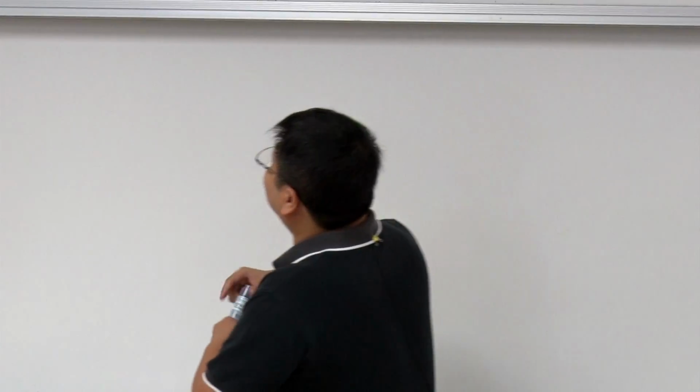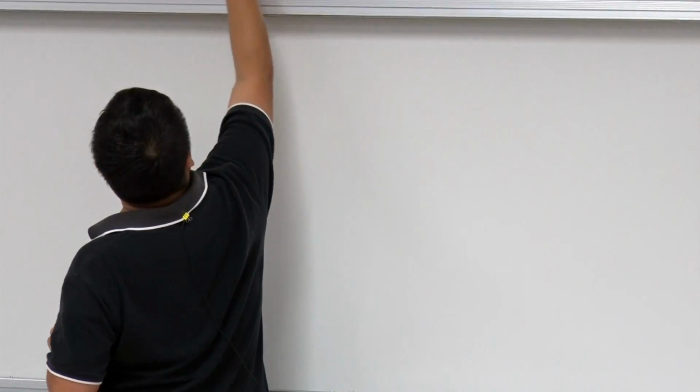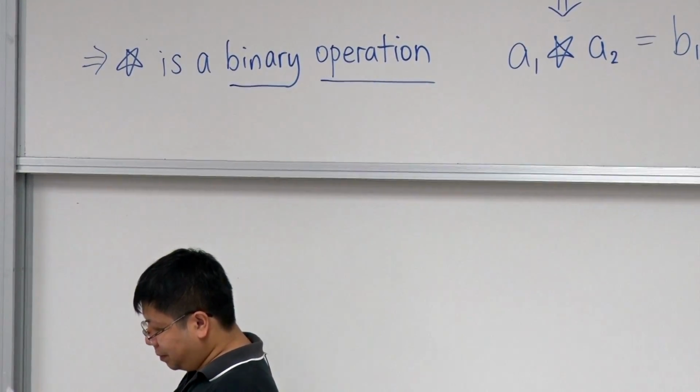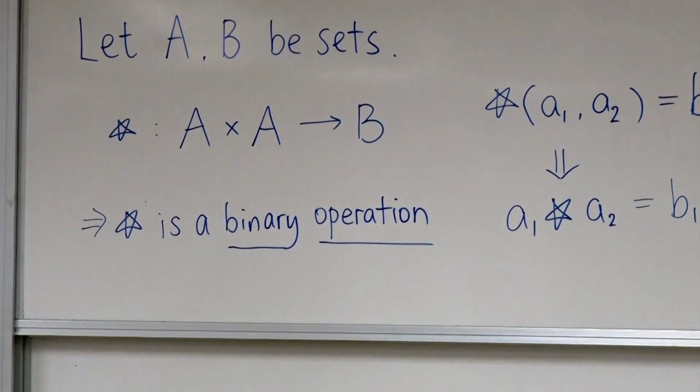So we have defined what is meant by a binary operation. And then we want to define something called closed.